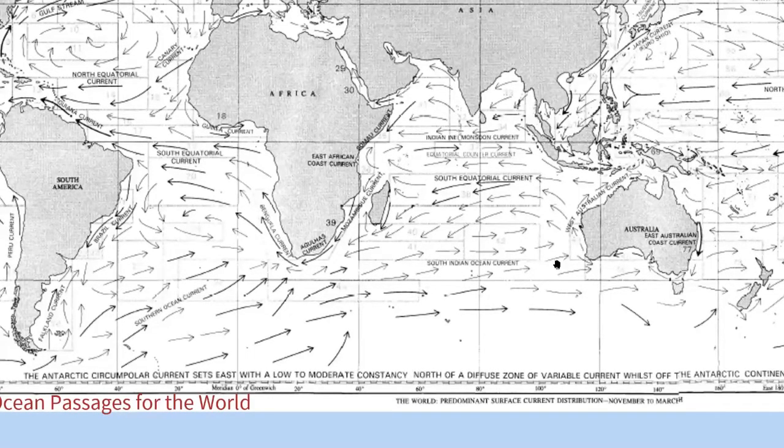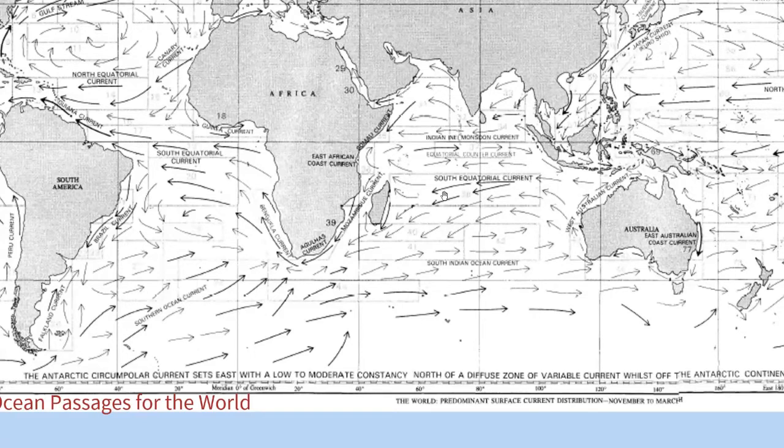In the Indian Ocean, in the North Indian Ocean, it is affected by the monsoon. So it depends upon the months. But in the southern part, it is also circulating the same as the southern hemisphere of Atlantic and Pacific, which is counterclockwise.